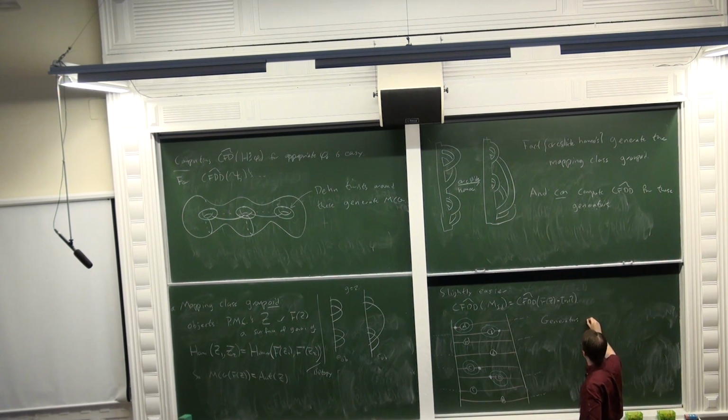So the generators are in correspondence to pairs I, J of complementary idempotents.